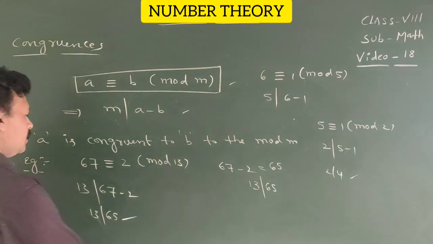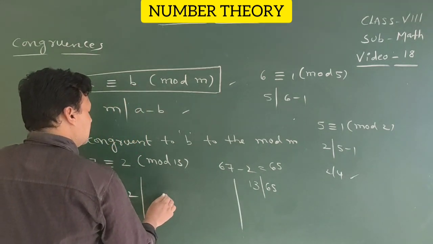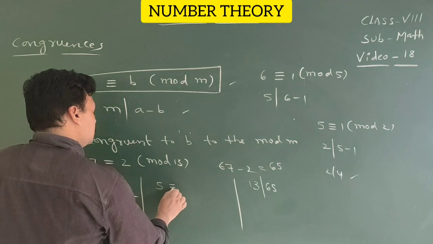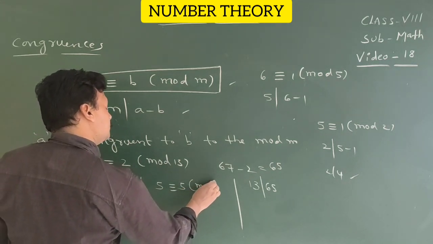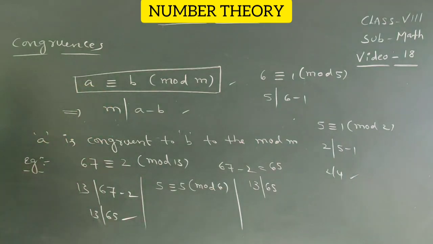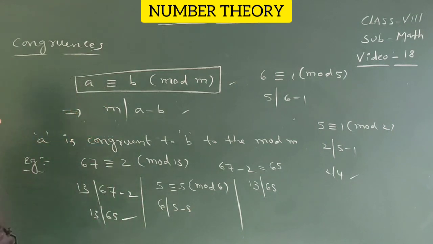Like that we can write these refined statements. One observation, this is also true: 5 is congruent to 5 mod 6, because 6 divides 5 minus 5, meaning 6 is a factor of 0.